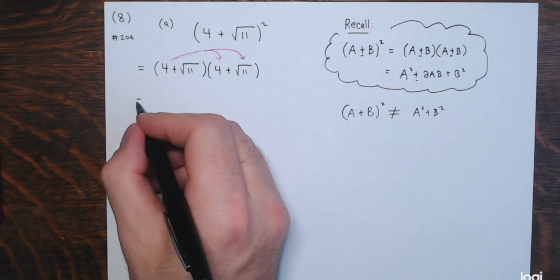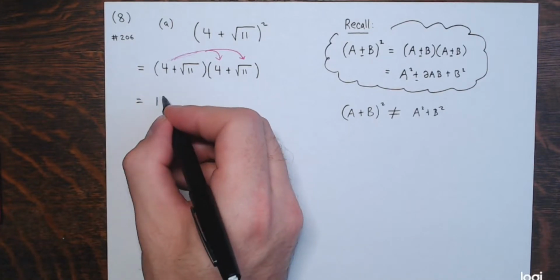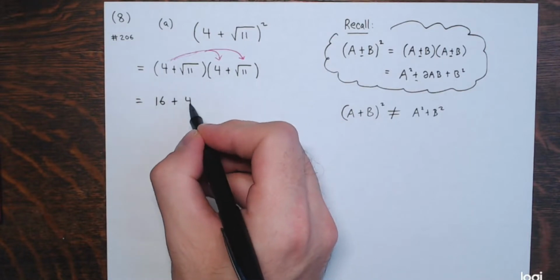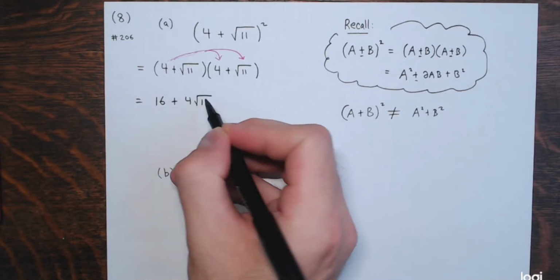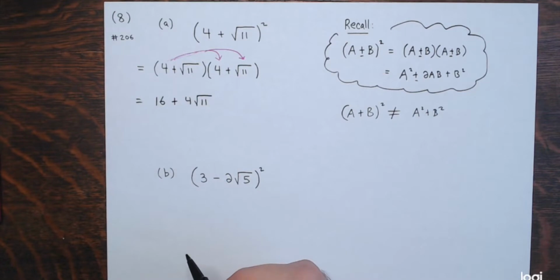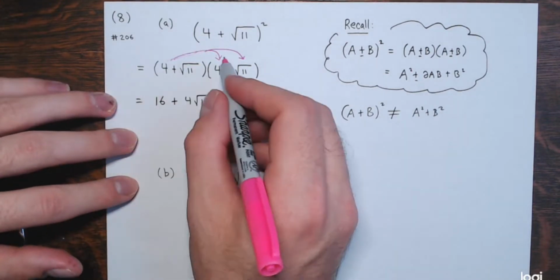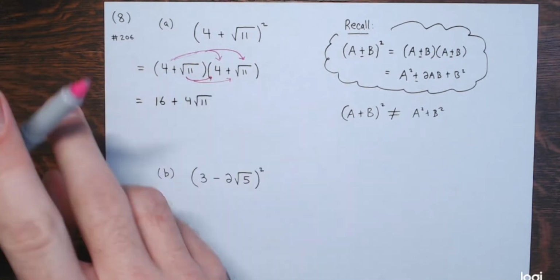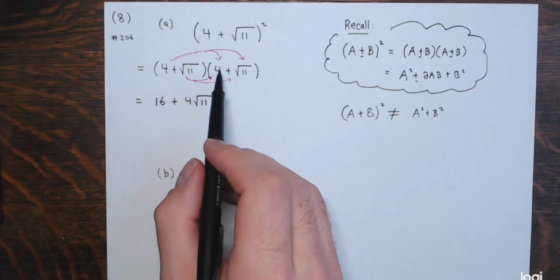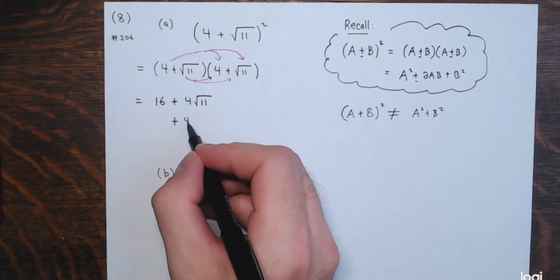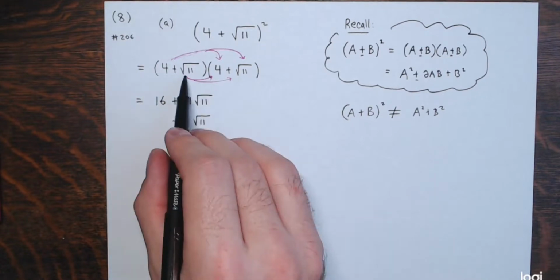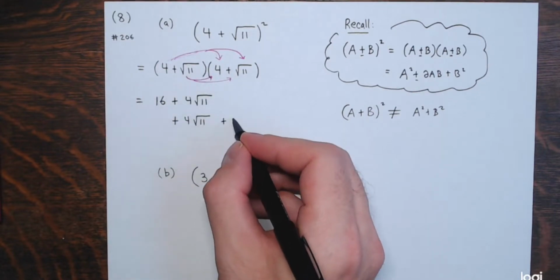So 4 times 4 is 16, plus 4 times the square root of 11, written exactly that way. Can't do anything else with that. Now I'm done with the 4, so I move over to the square root of 11 and distribute that. Square root of 11 times 4 is 4 times the square root of 11, so I got plus 4 times the square root of 11. And then square root of 11 times square root of 11 is 11, the square root of 121.